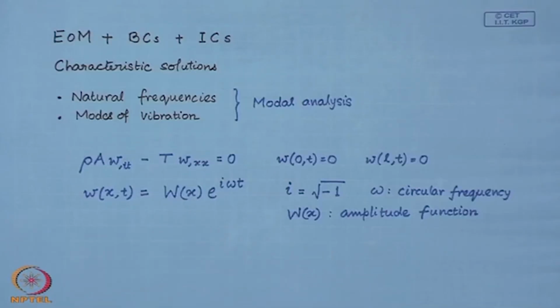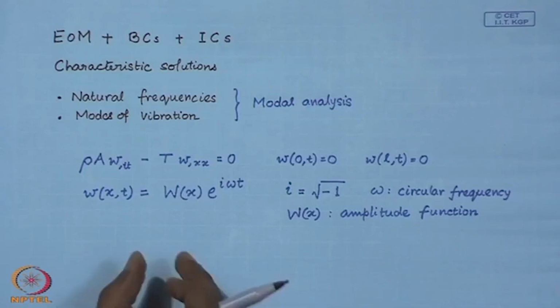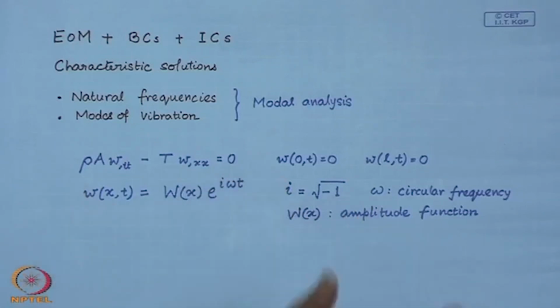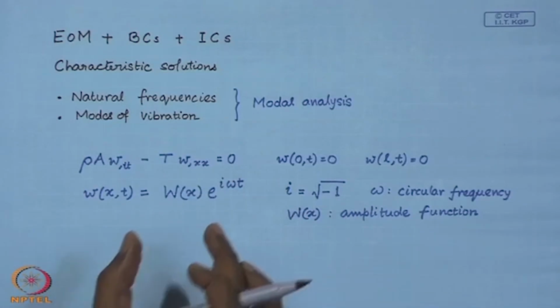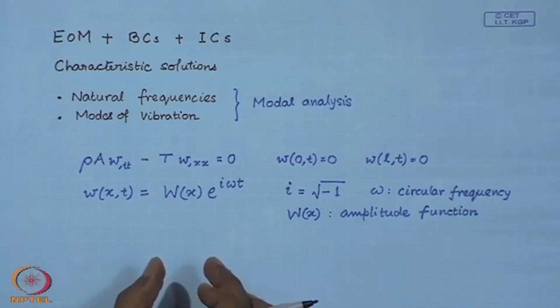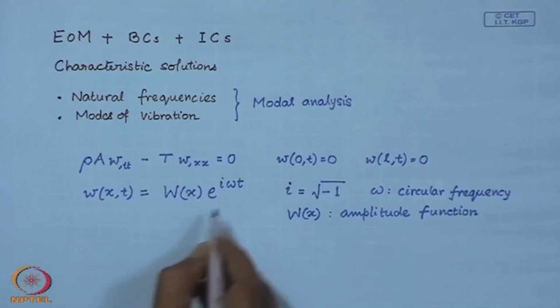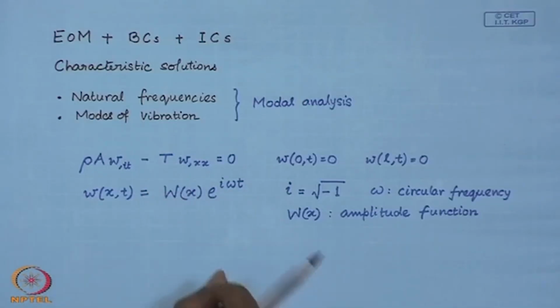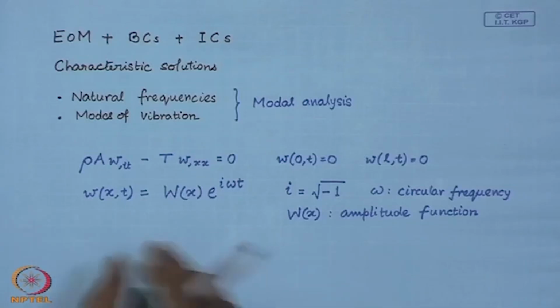For the time being, we introduce this complex solution structure, and we say that because our equation and the boundary conditions are all real, the actual solution is obtained by taking either the real part of this quantity or the imaginary part of this quantity, or a linear combination of the real and imaginary parts.